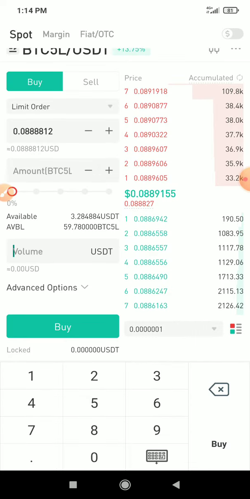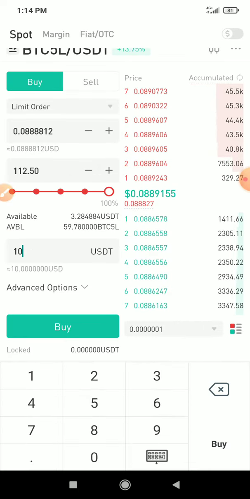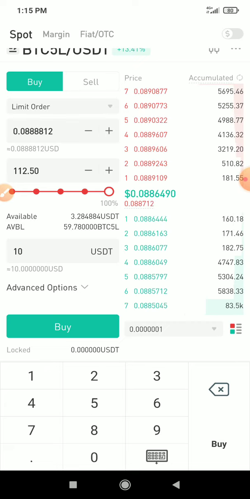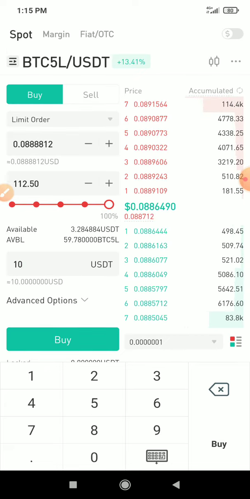If we have 10 USDT, then the purchasing price at the current price is 0.088649. Now suppose we get 112 BTCL.